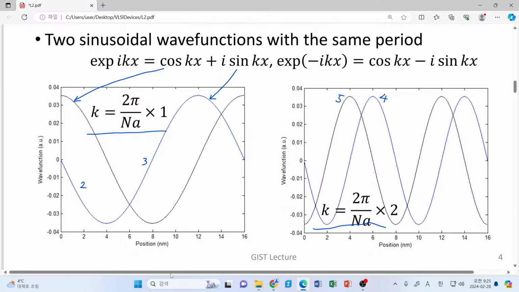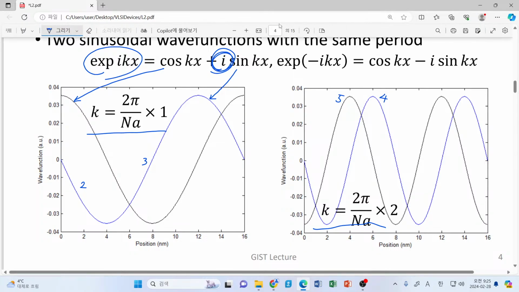So when we make a linear superposition, a linear combination of this cosine and sine using the imaginary number i, then we can construct both e to the ikx and e to the minus ikx.